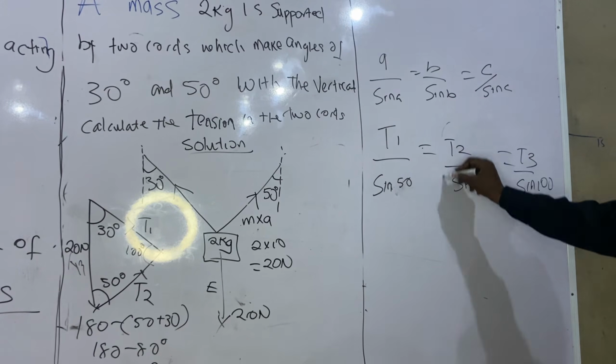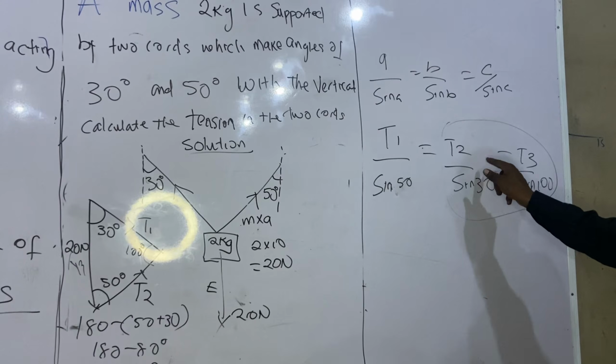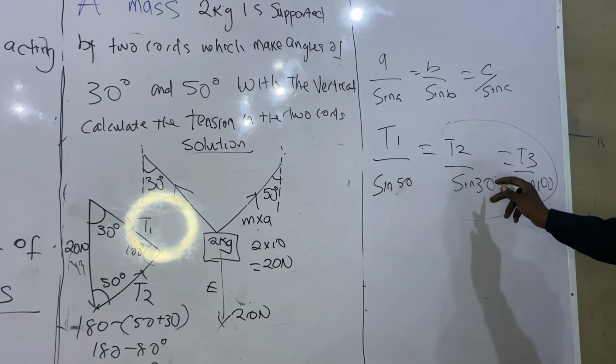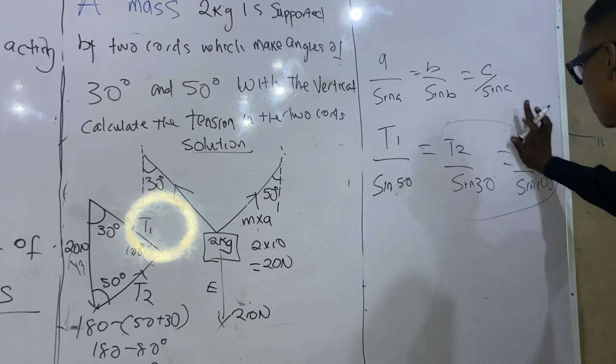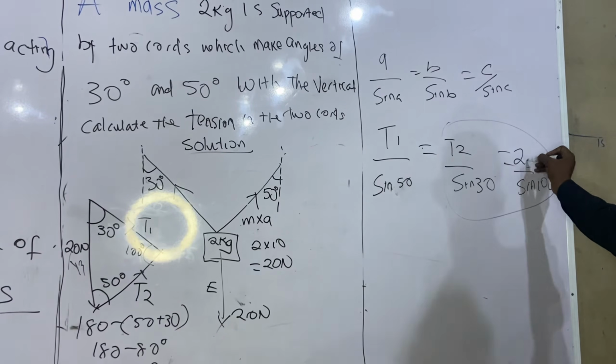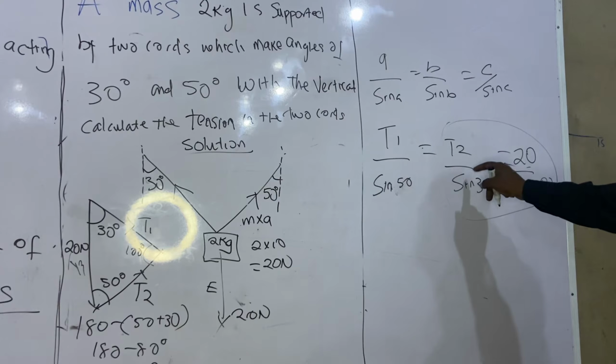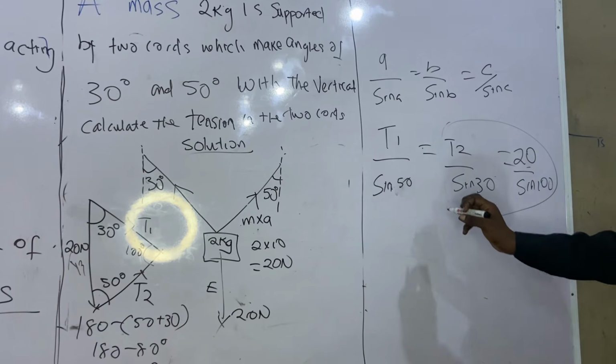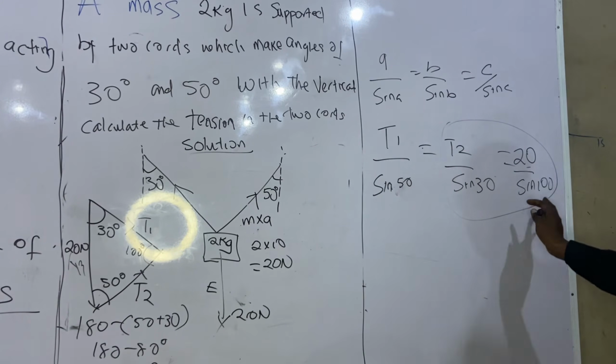We know T3 is 20 newton. So we can pick T2 and solve with this one, then we can pick T1 and solve with this one.